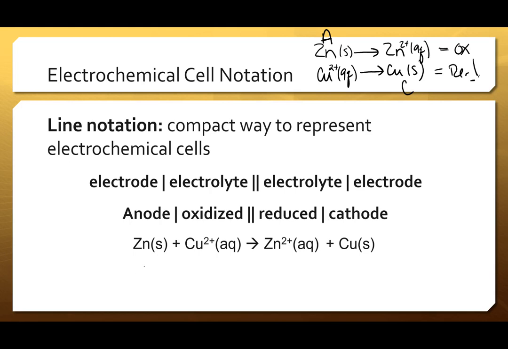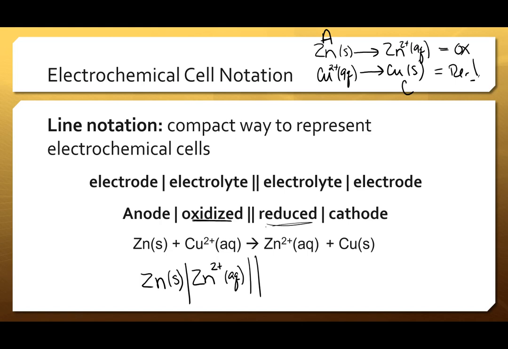So to do the line notation, this is what it would look like. First we would do our anode, which is zinc. We'll draw a single line. Then we would do our electrolyte that's associated with the oxidation, which would be the zinc aqueous. Two lines to separate the two half cells.